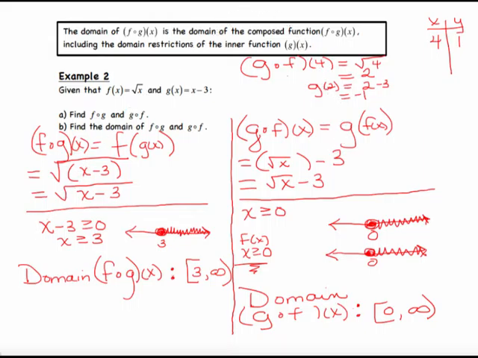But if I were to pick another value for g of f, let me just erase this whole thing here. Let's say I chose a negative 2. Then when I try to first substitute my negative 2 in for f, that's going to fail.